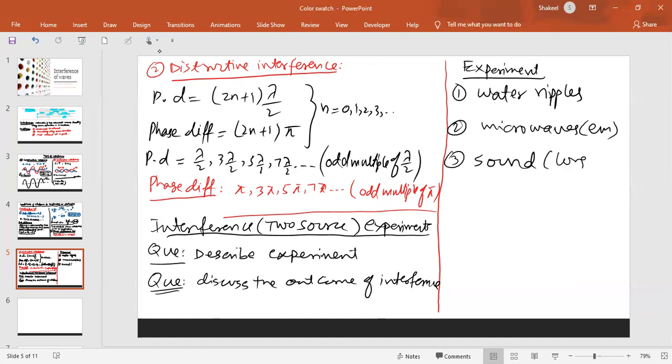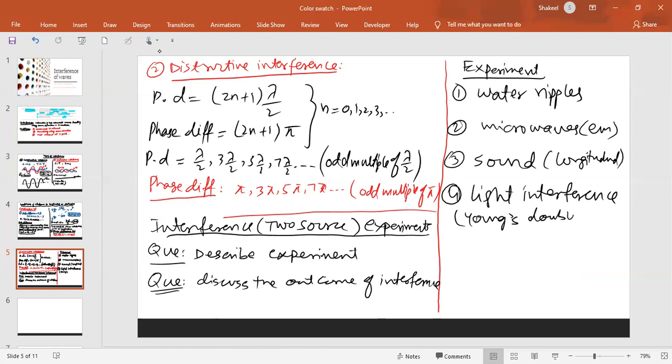Sound is the longitudinal wave. And finally, we'll study light interference. That is our core topic over here. So Young's double slit experiment will be included in this.